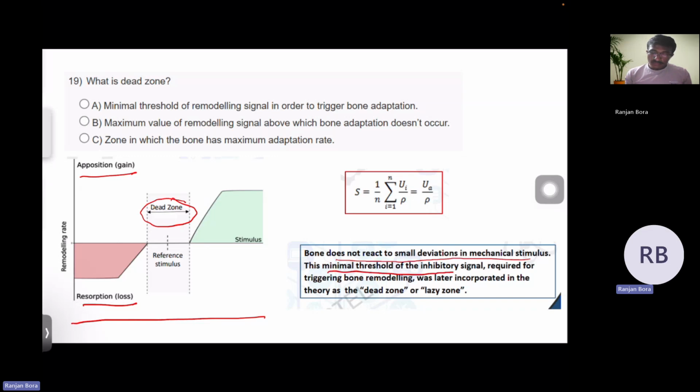This minimal threshold of inhibitory signal required for triggering bone remodeling was later incorporated in the theory as the dead zone or lazy zone. So in this zone, the bone does not react with small deviations in mechanical stimulus. This equation is the strain energy rate for different activities in the bone remodeling process. So here option A is correct. Dead zone is the minimal threshold of remodeling signal in order to trigger bone adaptation.